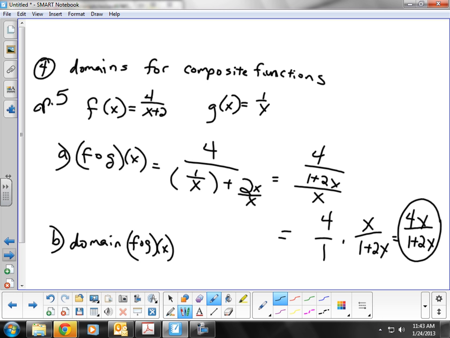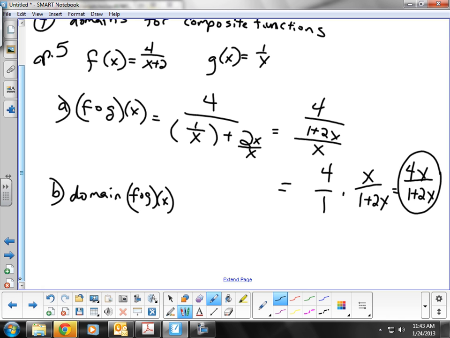Now, let's talk about this domain. Remember, I have 2 conditions for my domain. First of all, the x value has to be something that's defined for the g function, right? So I'm putting the x's in g first.